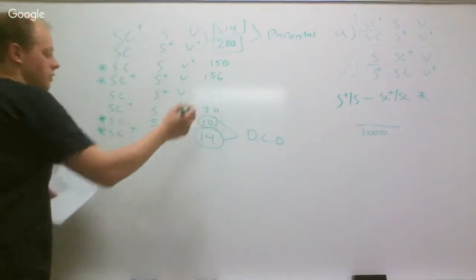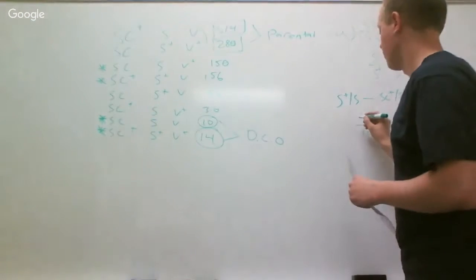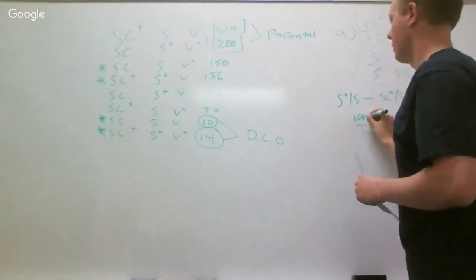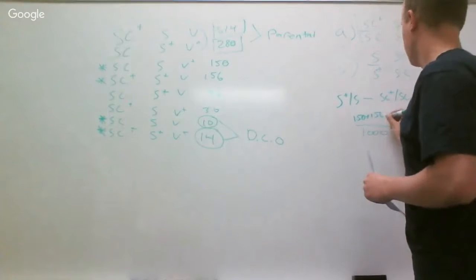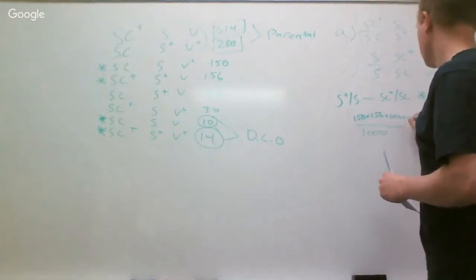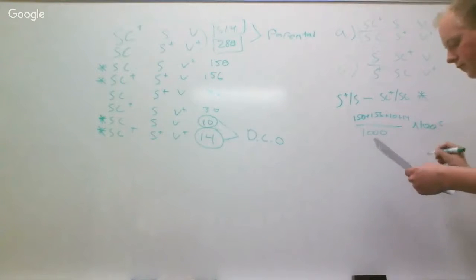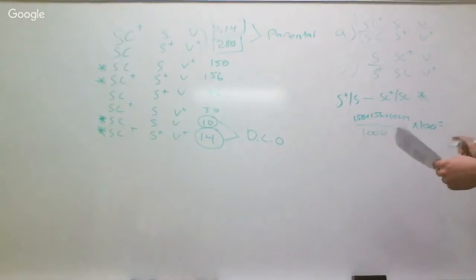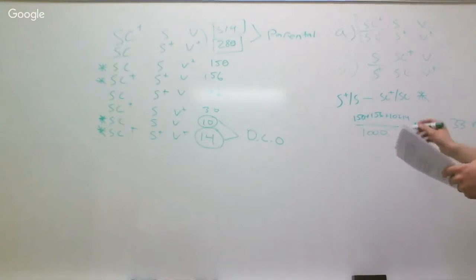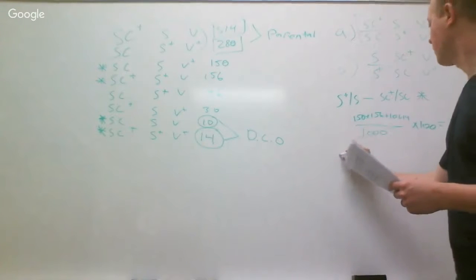So we'll add all these numbers together: 150 plus 156 plus 10 plus 14. And we divide that by the total and multiply by 100. And that'll give us approximately 33 MU. We'll do that for the middle and the last gene now.